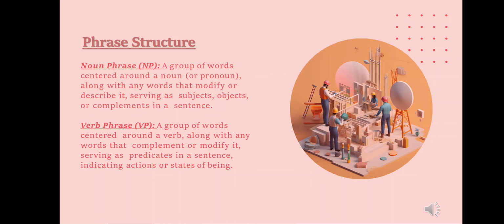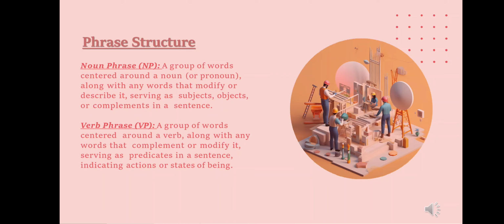But first, let's start with noun phrase. Noun phrases consist of a noun and any other words that modify it, such as adjectives or determiners. For example, the big red apple is a noun phrase where the, big, and red modify the noun apple.